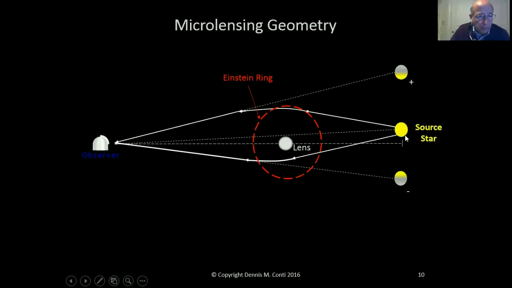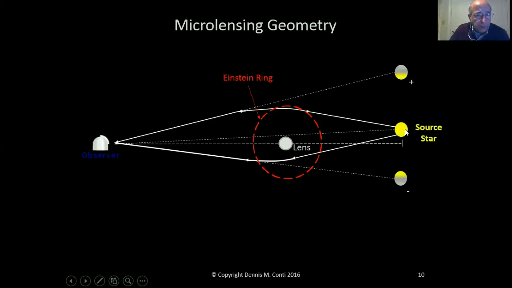From our point of view, it's as if this source star brightened all of a sudden as it moved across the Einstein ring. Imagine the source star is moving up. What you're going to see is that its brightness from the observer's point of view changes, because the corresponding virtual images are also changing.